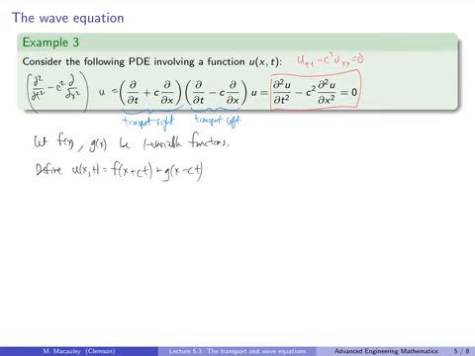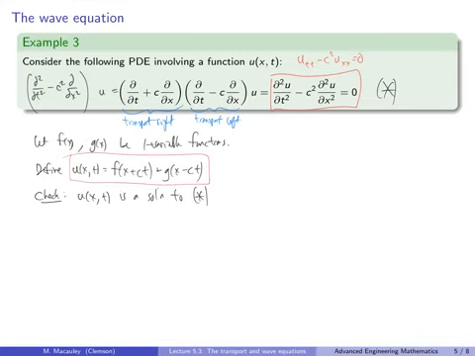So we're going to take two functions and send one of them to the left and one of them to the right. And it's easy to check, I'll have you do this as an exercise, that this function u is a solution to, let me put a star here, this PDE, which we call the wave equation. Let me box this so you can see this.